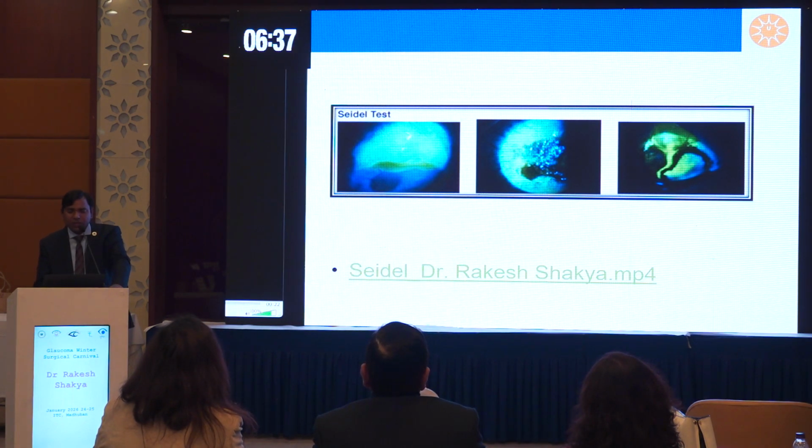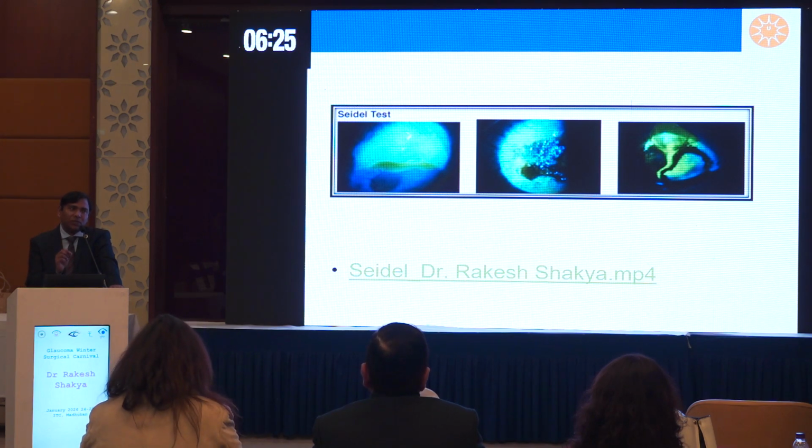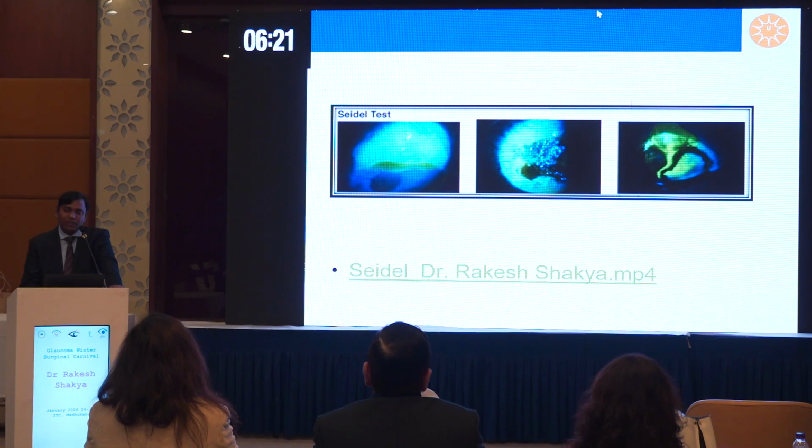So this patient came with a shallow AC, not very shallow, and you can find the Seidel test is positive. This is the first day of the surgery. So you can just put one suture to address this problem.